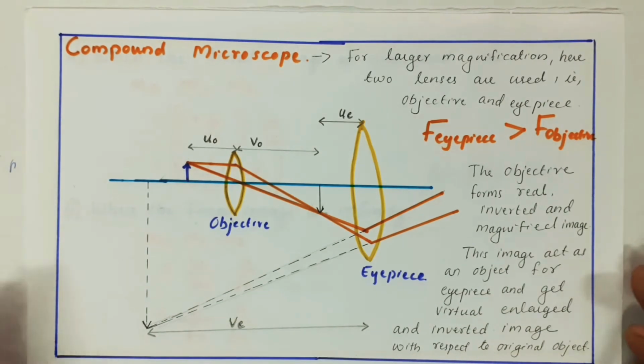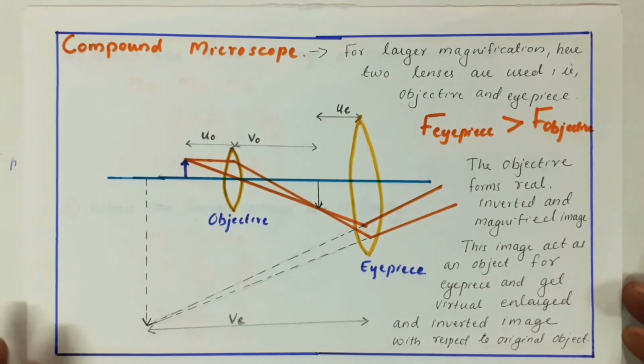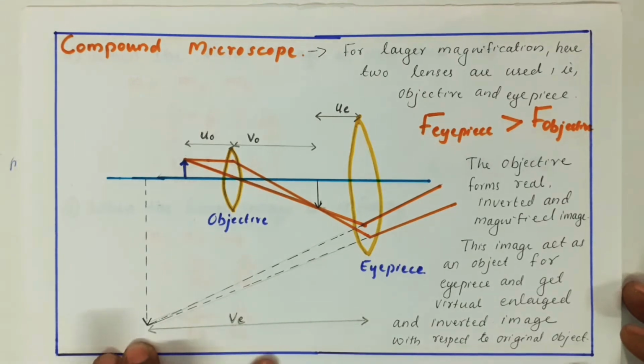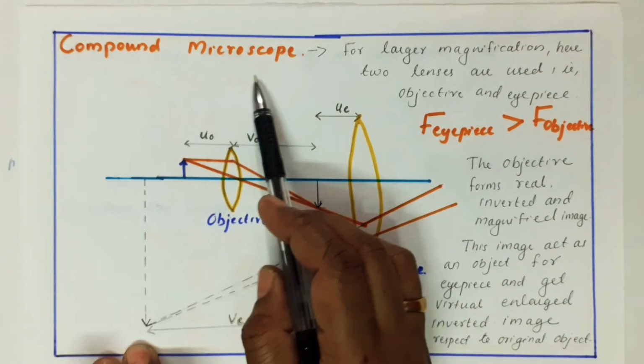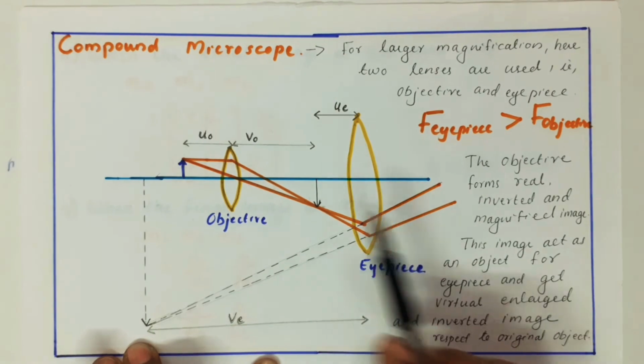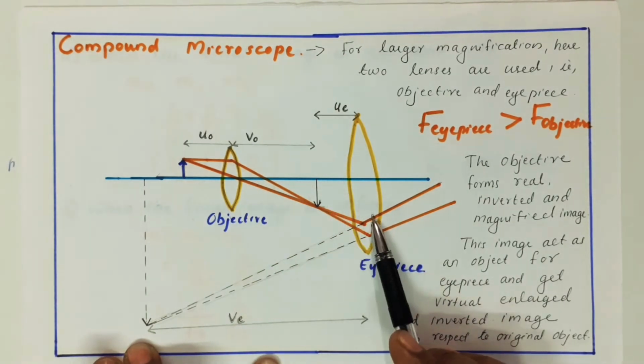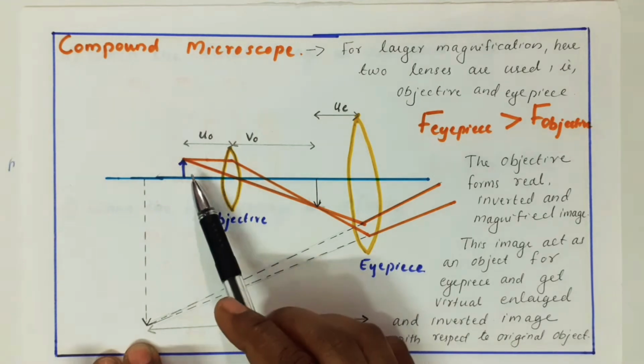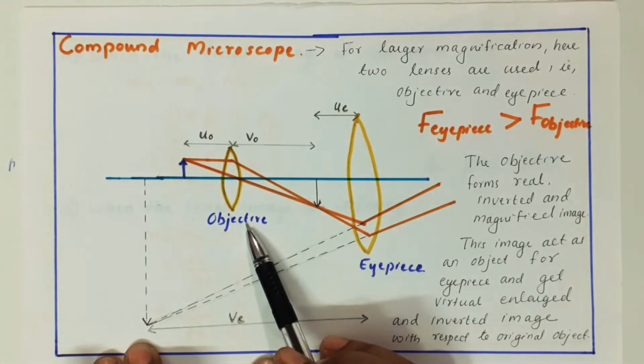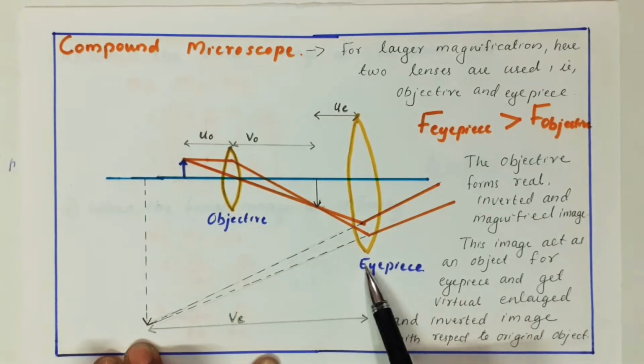Now next is the compound microscope. With a simple microscope we can't see minute organisms, because the magnification is less. So I use a compound microscope. In a compound microscope we use two lenses. The lens near the object is called the objective, and the lens near your eye is called the eyepiece.